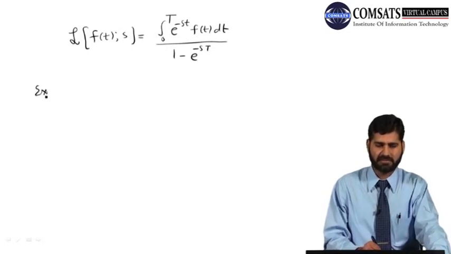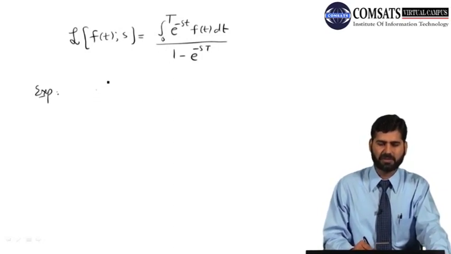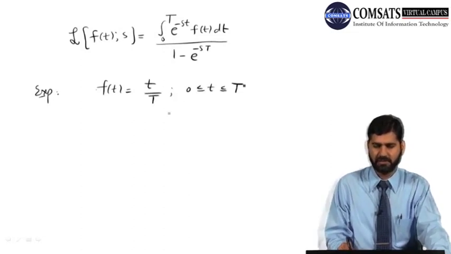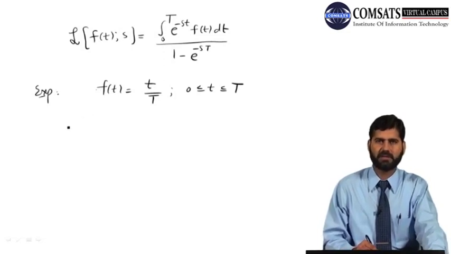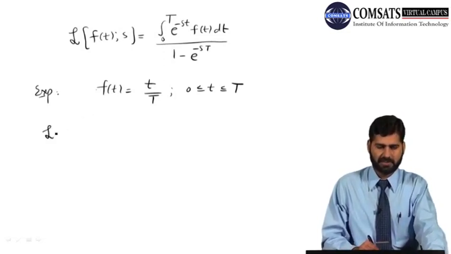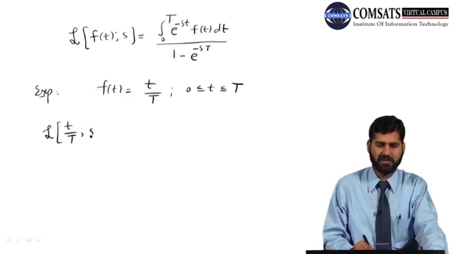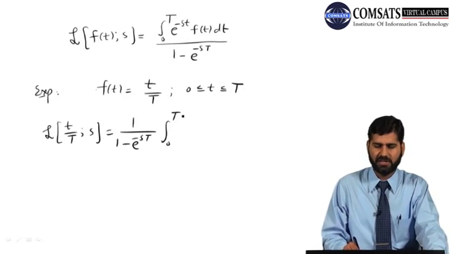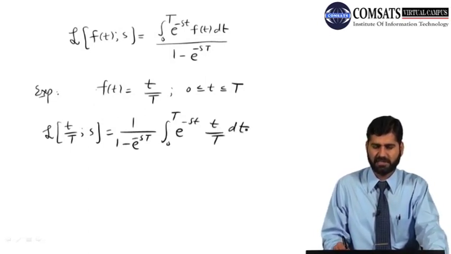Let's see an example. As an example of this, I wrote the sawtooth function, where f(t) is t by T from 0 to T. If I take the Laplace transform of this function of period T, I will get 1 over 1 minus e to the minus sT, times the integral from 0 to T of e to the minus st times t over capital T dt.